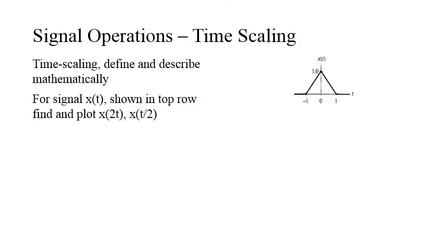Using basic geometry you have an idea of a line equation: y equals mx plus c. You understand m is the slope, c is the y-intercept, y is your function f of x, and x is your independent variable.